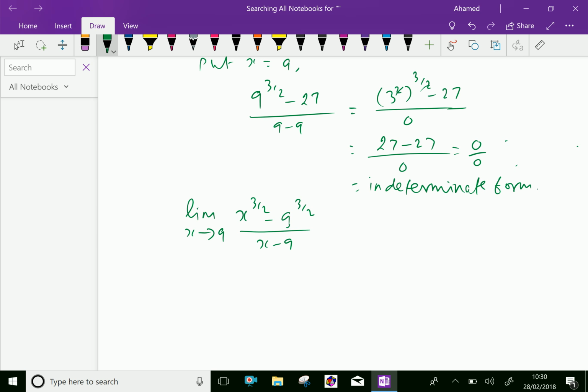This resembles the rule of the limit as x tends to a of (x^n minus a^n) over (x minus a), whose answer is n times a^n... that is, n times x^(n minus 1).